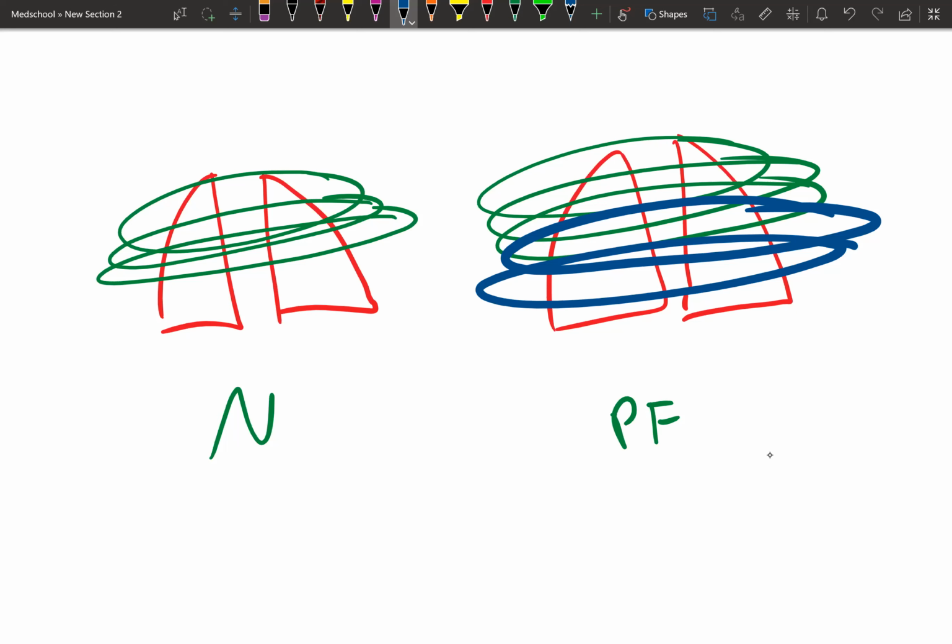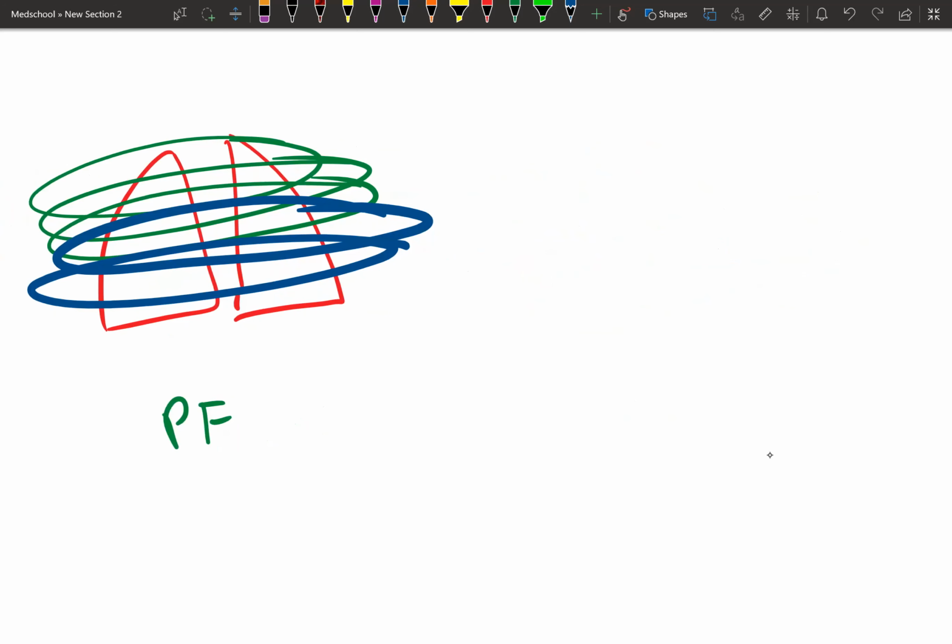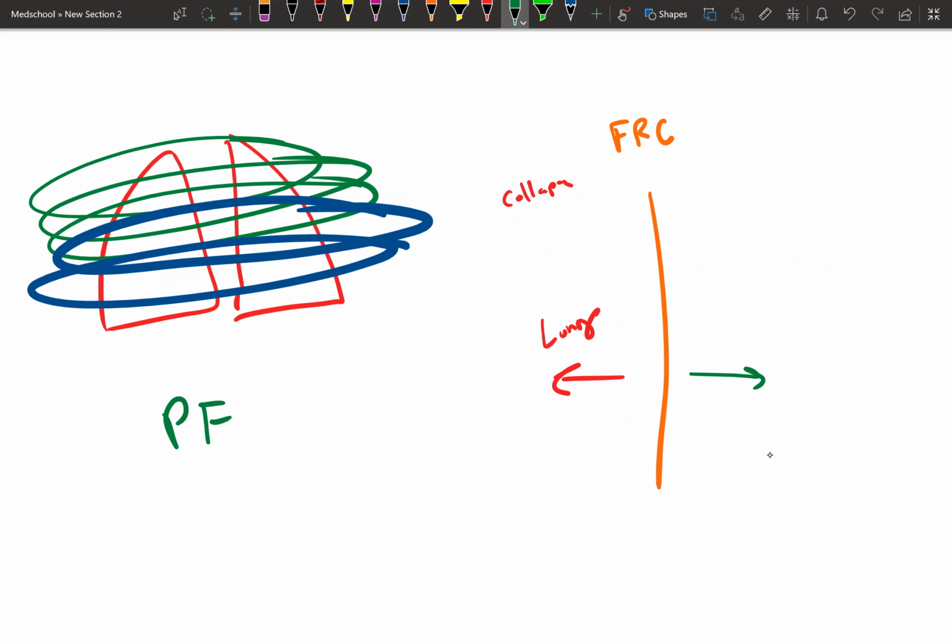And because they have more of a problem inhaling, remember that this line is FRC, and we have the lungs wanting to collapse and the chest wall, equal and opposite, wanting to expand.